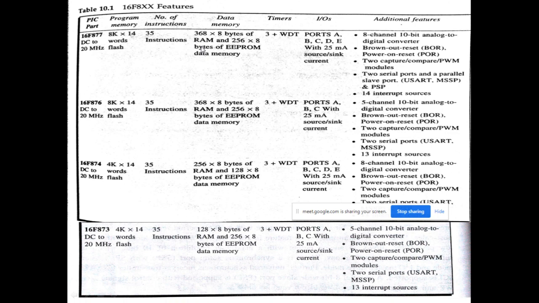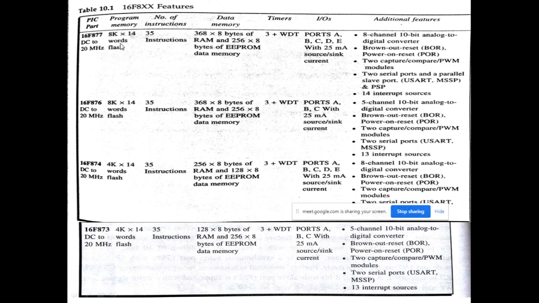When you switch off the power supply of the microcontroller, the information in this memory will be lost. In that sense, it is volatile type of memory. In this device, that type of memory is available with higher size. In addition to that, 256 bytes of electrically erasable programmable read-only memory is also available as a data memory.